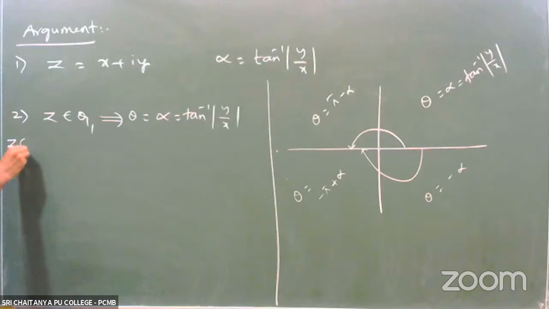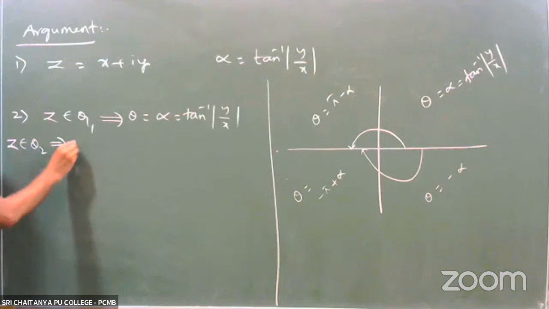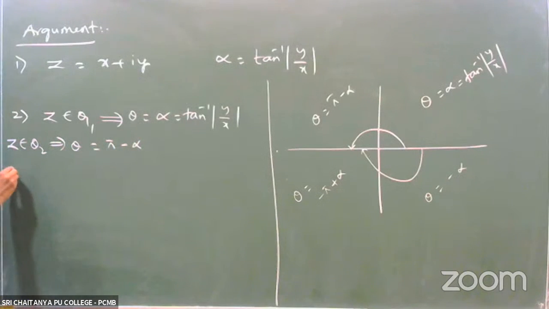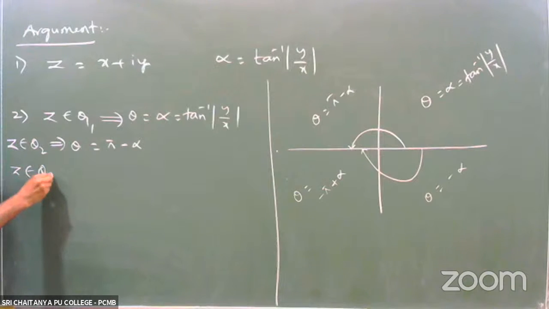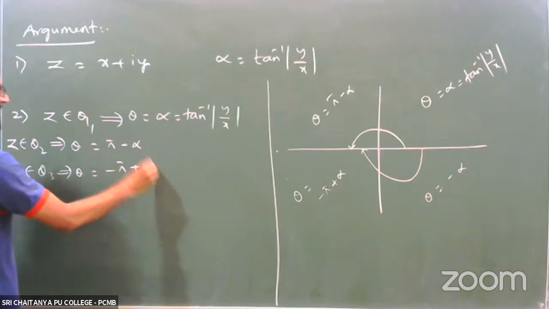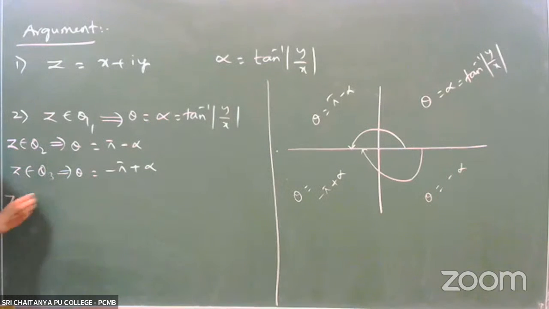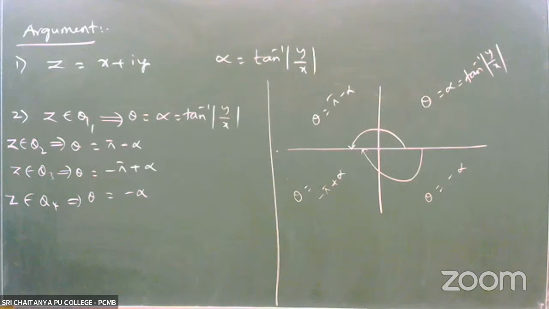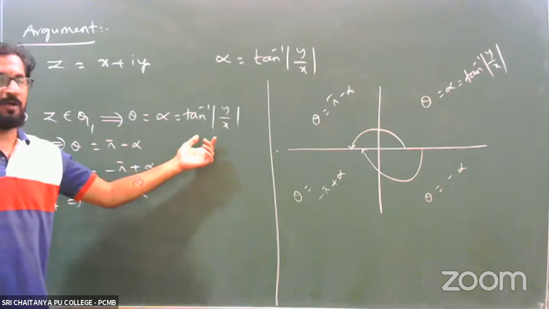If z belongs to Q2, theta is equal to pi minus alpha. If z belongs to Q3, theta is equal to minus pi plus alpha. If z belongs to Q4, theta is equal to minus alpha, where alpha is equal to tan inverse of mod of y by x.